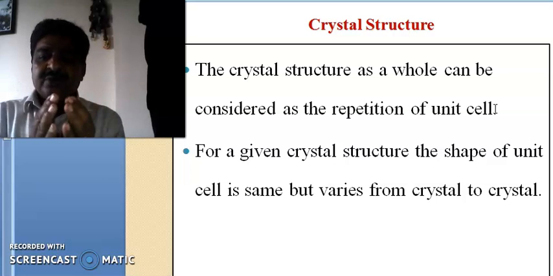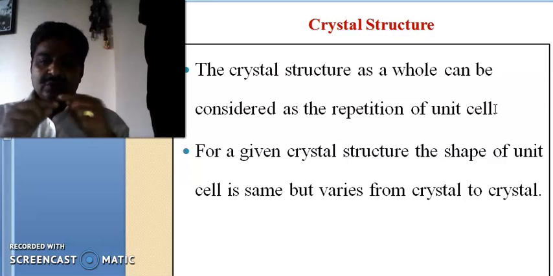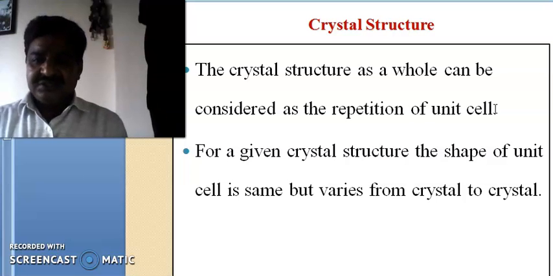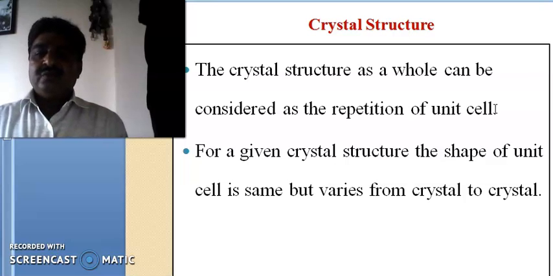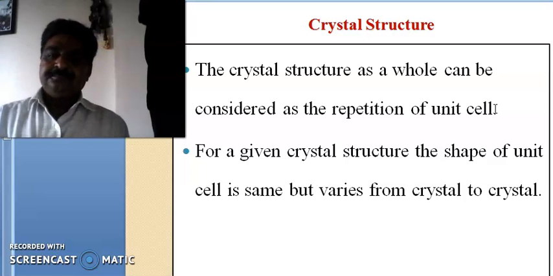A number of atoms accumulate together and a chalk is formed. So the total atoms together we say is chalk. Likewise, the entire crystal structure as a whole can be considered as the repetition of units.